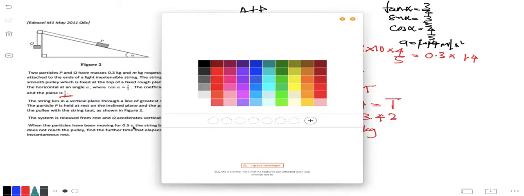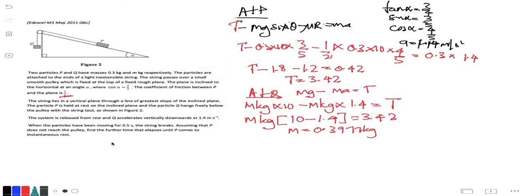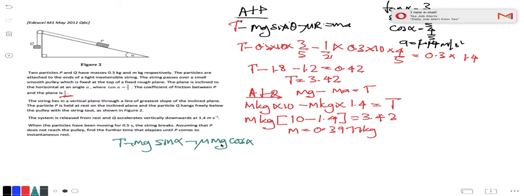Now, what's going to happen when the string breaks? When the string breaks, the string slackens, so no tension is present. So T minus mg sine alpha minus mu mg cos alpha, or mu R, equals ma. Remember, mu R is mu mg cos alpha.